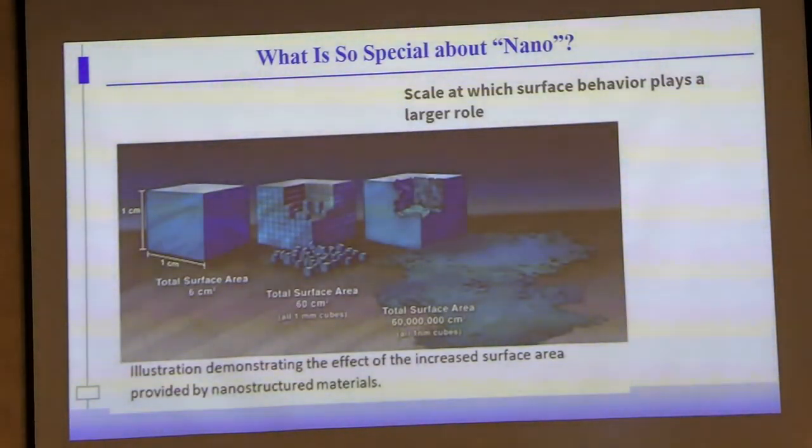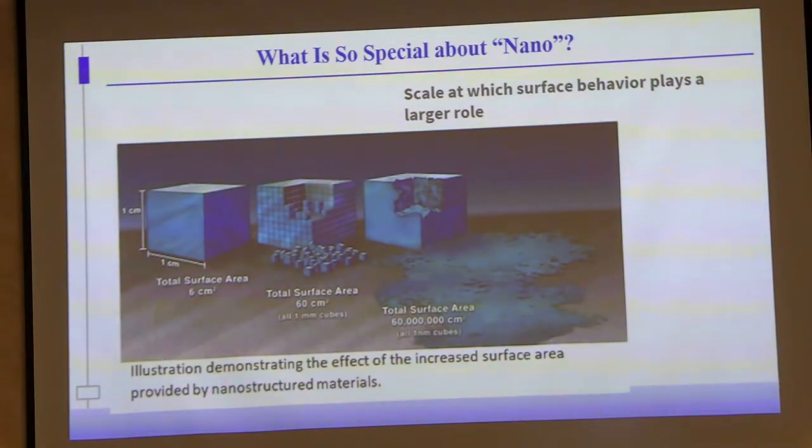That's a very unique and very interesting one here. You see, this is a first cube that's 1 centimeter square, and the total surface area is 6 square centimeters. Just simply change this cube from 1 centimeter to 1 millimeter, then the surface area will be 60 square centimeters.